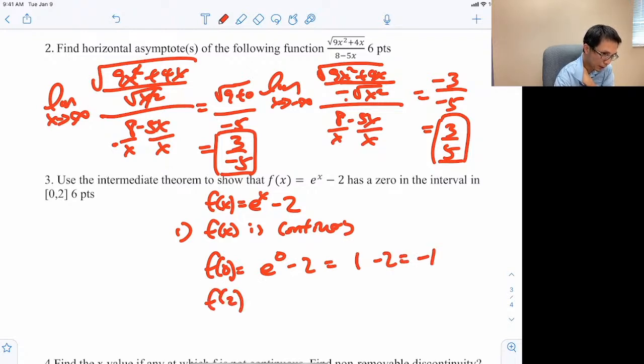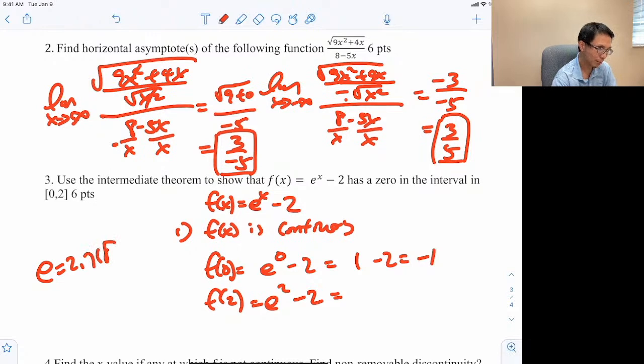f of 2 is equal to e to the 2 minus 2. Well, e to the 2, let's just say e is like 2 squared, but it's bigger than 2. So e is equal to 2.7128, 7718. So just think about it as 2 squared, then you still get 2 squared minus 2, it's still positive.